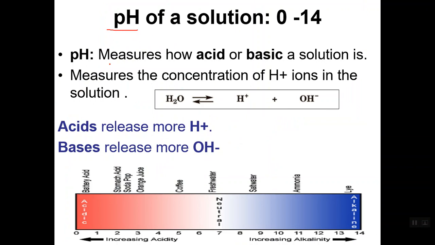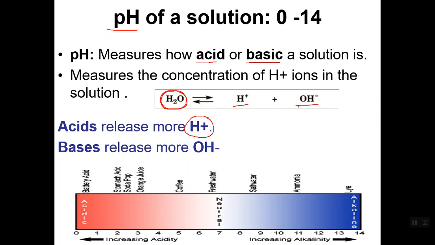pH. So pH is a measure of how acidic or how basic something is. That's kind of the base definition. The more chemical definition is it's technically how many hydrogen ions you have, right? If you take water and you break it into its components, you get a hydrogen ion and an OH.